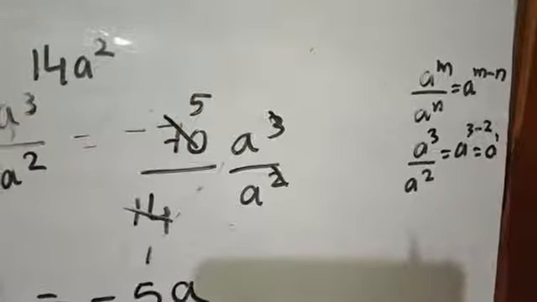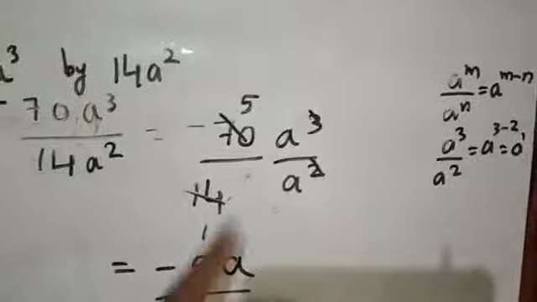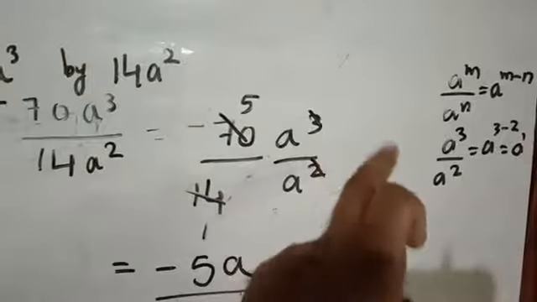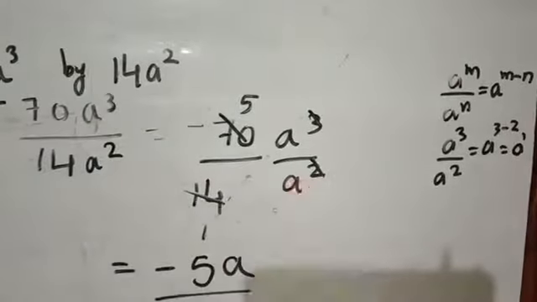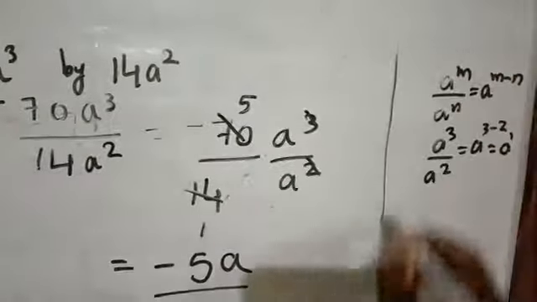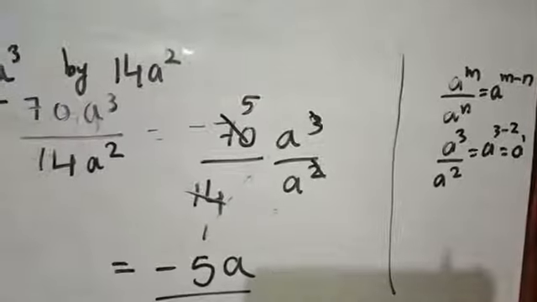Minus 5a. Okay. Here a cube means a into a into a, divided by a square means a into a. So only one a is remaining.